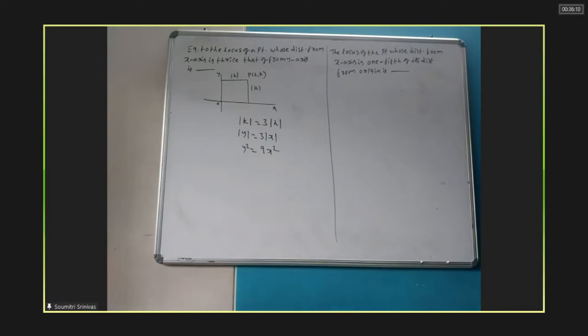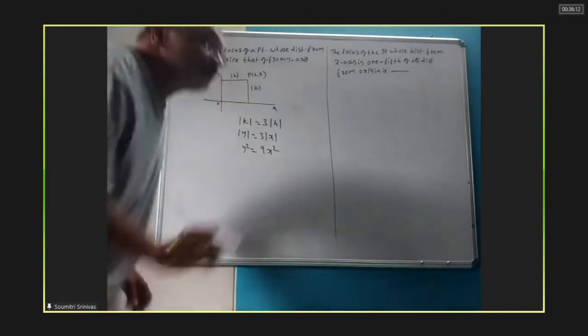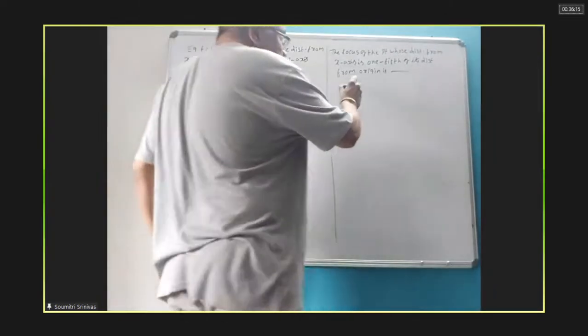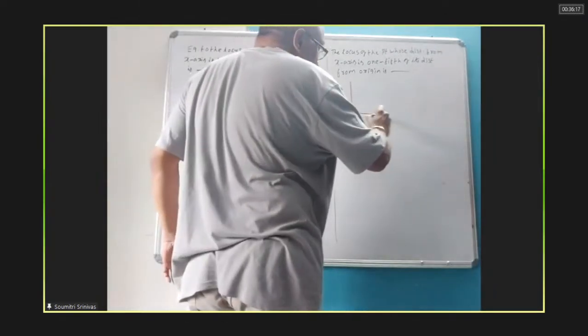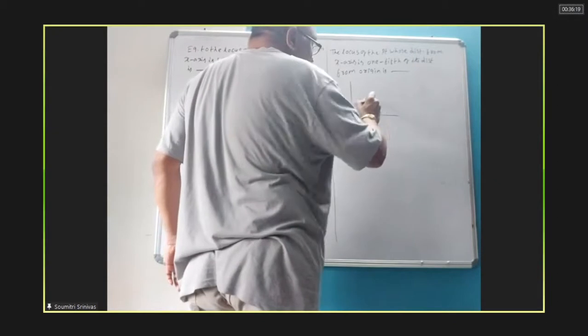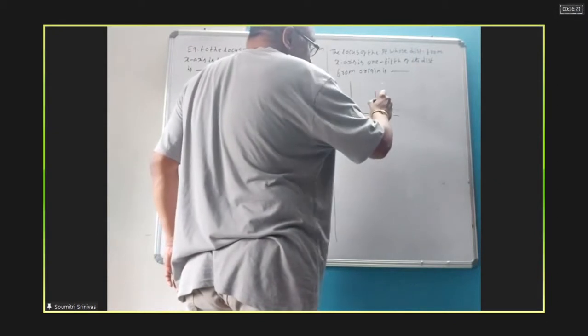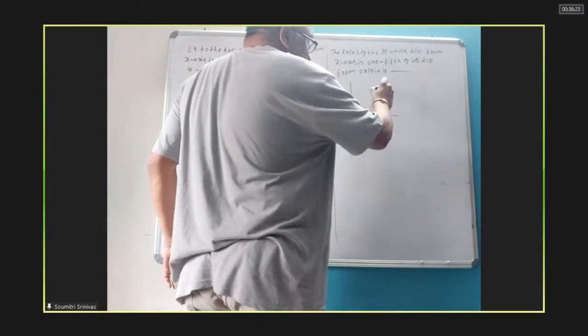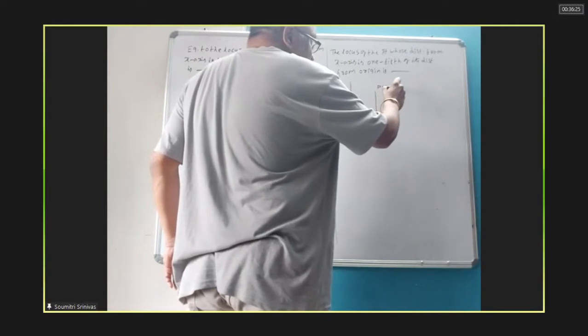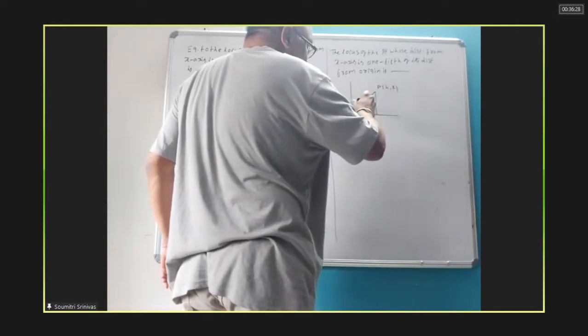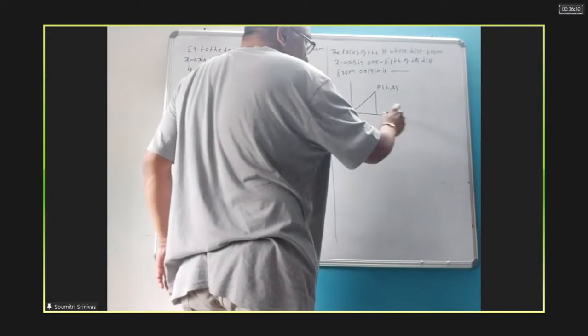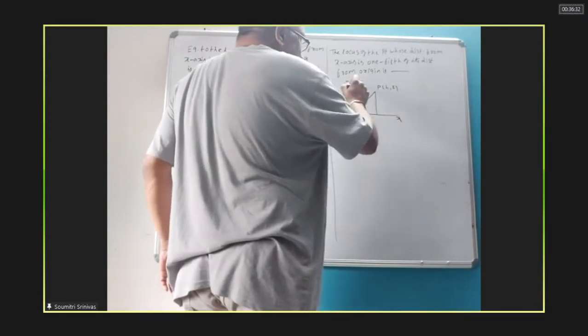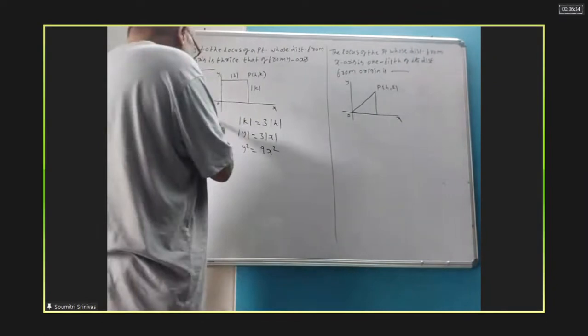Whose distance from x-axis? Shall I draw? It will take more time to write the problem than the solution. Point P, h comma k. I should say right here, by hypothesis.